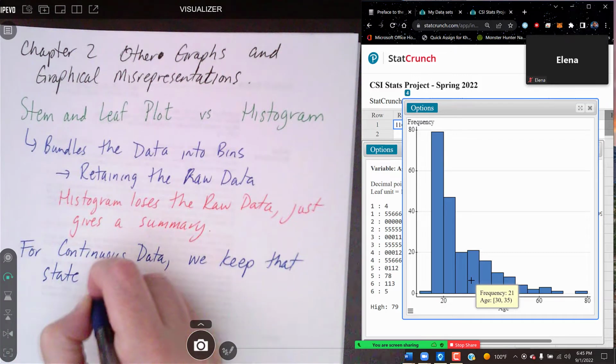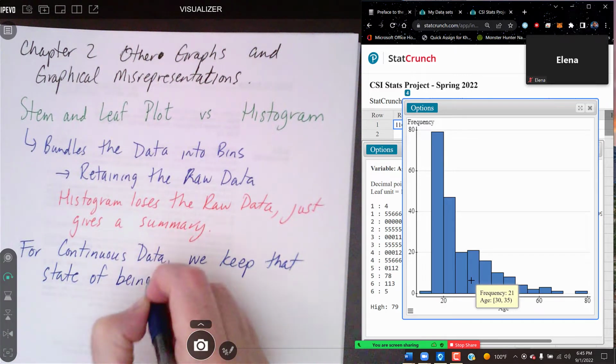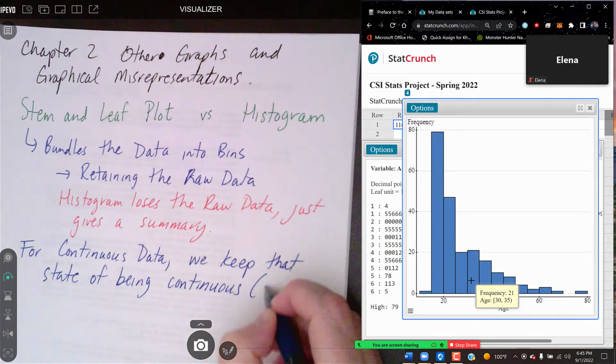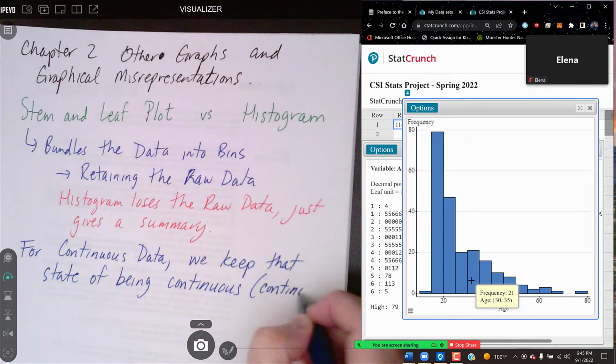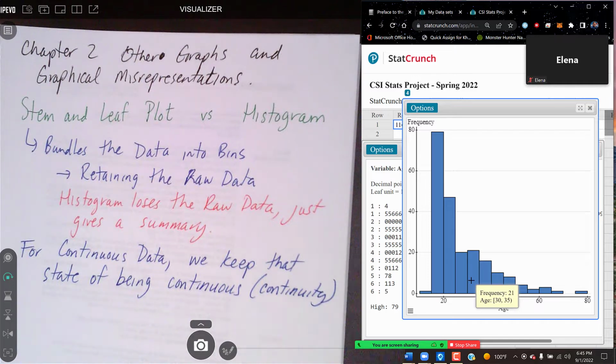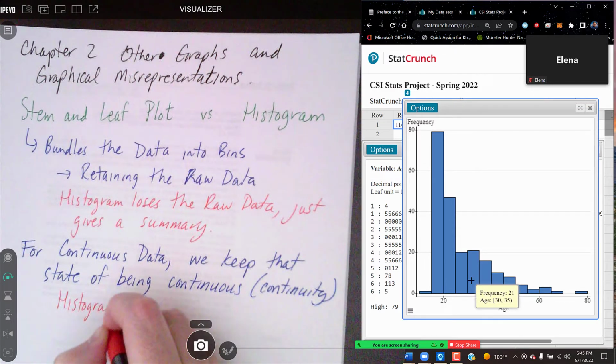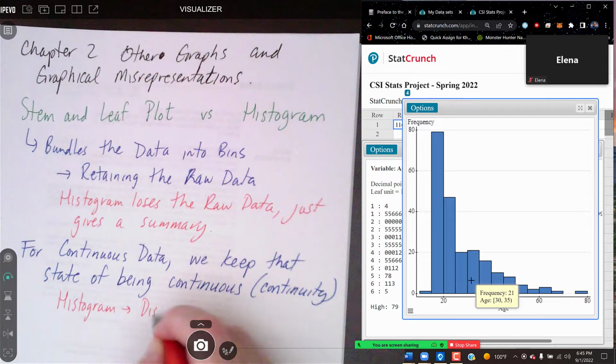It's called continuity. And the histogram loses it. Histogram turns values into discrete things.